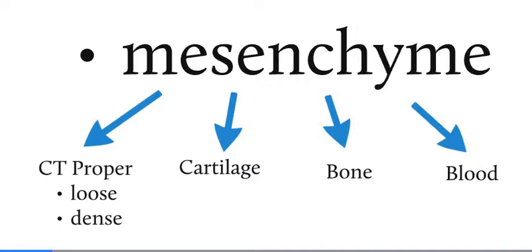We associate them with connections, whether it's joints or bones or the circulatory system, but they aren't really connecting things together in the same sense as a tendon would. But all of these tissues come from the same source, this embryonic tissue called mesenchyme, and that's really the definition of what makes things a connective tissue, along with the properties that they share, which I'll talk about in a little while.